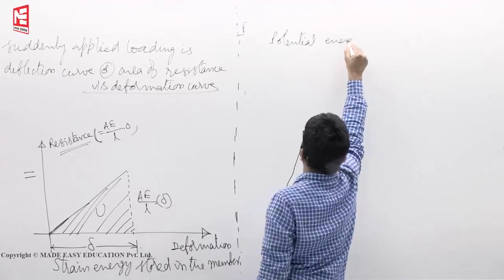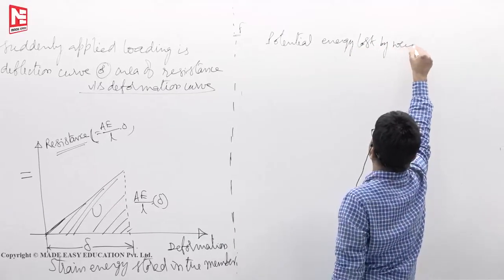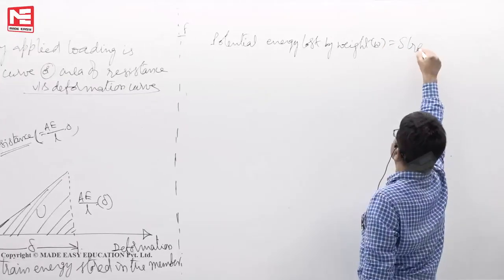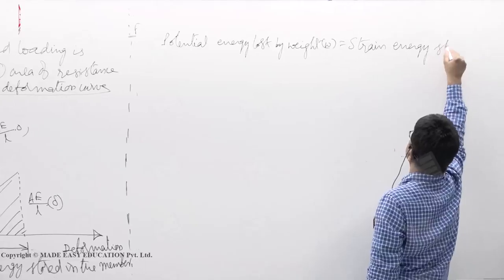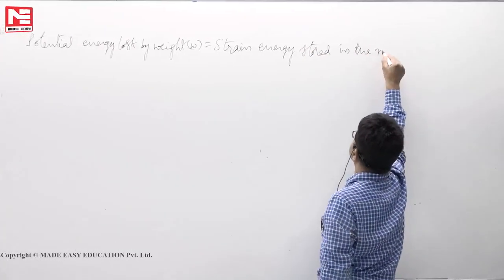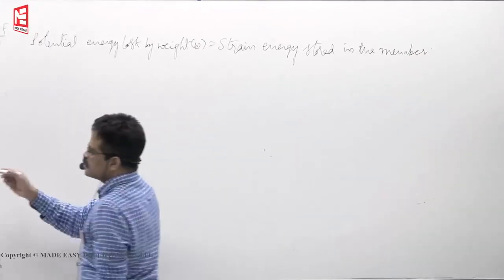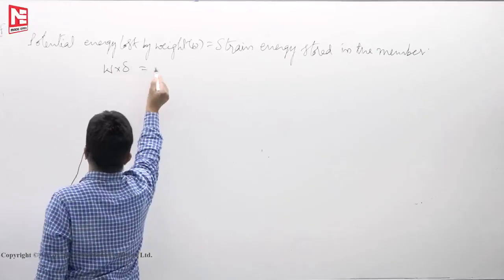Potential energy lost by weight W must be equal to strain energy stored in the member. Potential energy lost how much? W into delta.